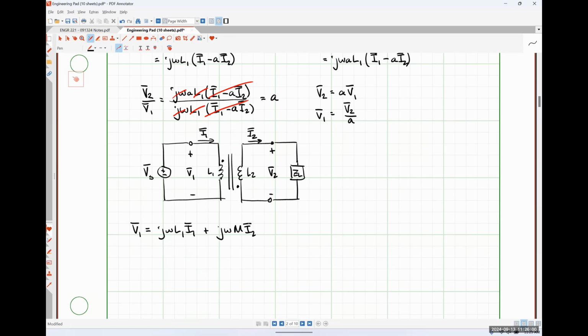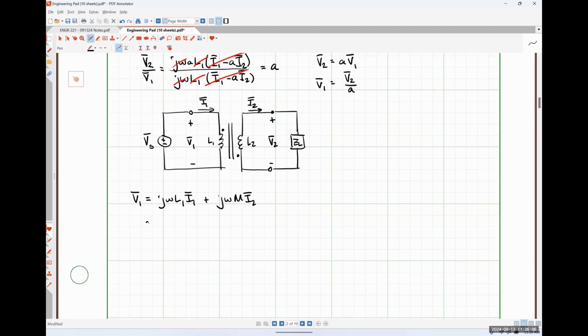Anybody got any problem with that? So let's make the same substitutions that we did the last time. So that's going to look like J omega L1 I1 plus J omega A L1 times I2, which looks like J omega L1 times I1 plus A I2.